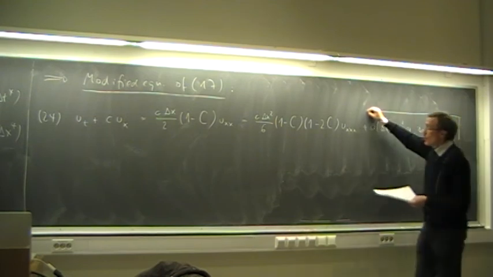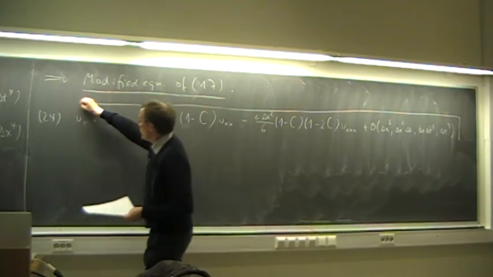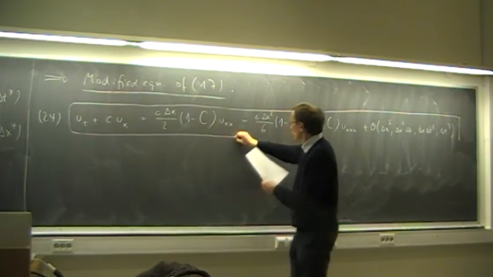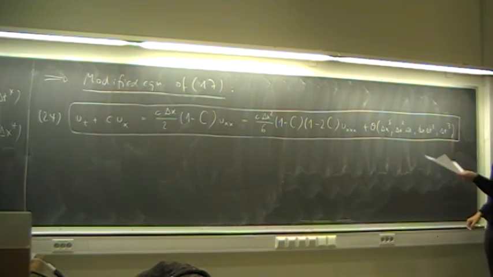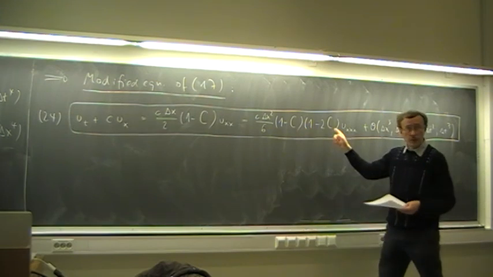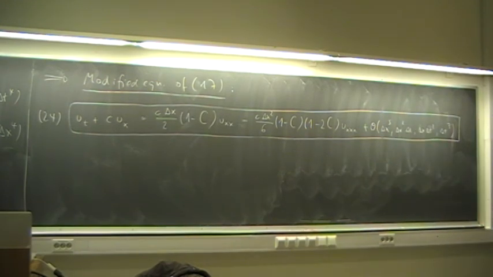So this is the equation, at least with the leading error terms of first and second order in delta x, that we are in fact solving when we solve the linear advection equation by the explicit upwind method.